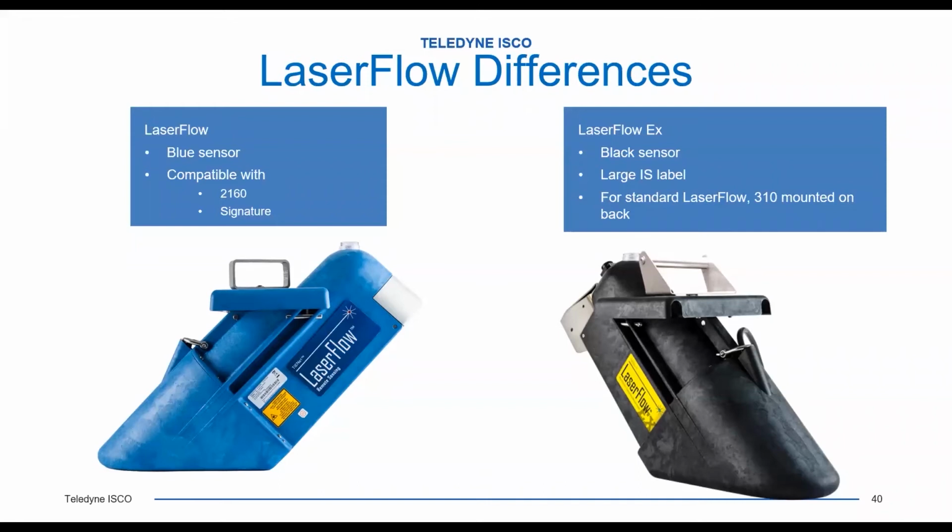And for this one, the ultrasonic, instead of being mounted as part of it, had to be mounted externally, in the back. Both are compatible with the 2160 and Signature. The difference is there's a barrier that goes between the EX laser and the electronics, and that barrier needs to be out of the environment.